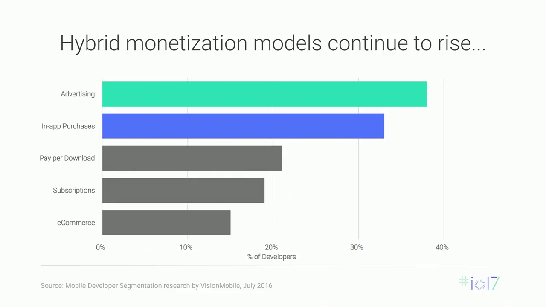And every year, we see the overlap between these strategies get bigger and bigger. You're not using just one, but sometimes two or even three monetization strategies. We're calling this the shift towards hybrid monetization. But whether you're using one or three streams of revenue, we want to help you earn more.